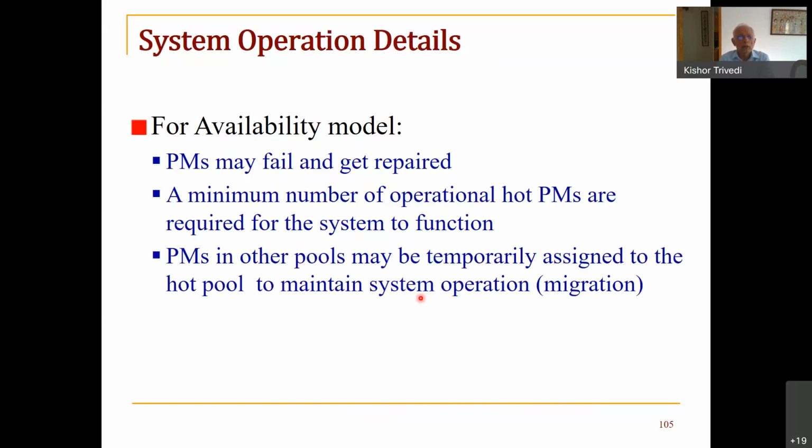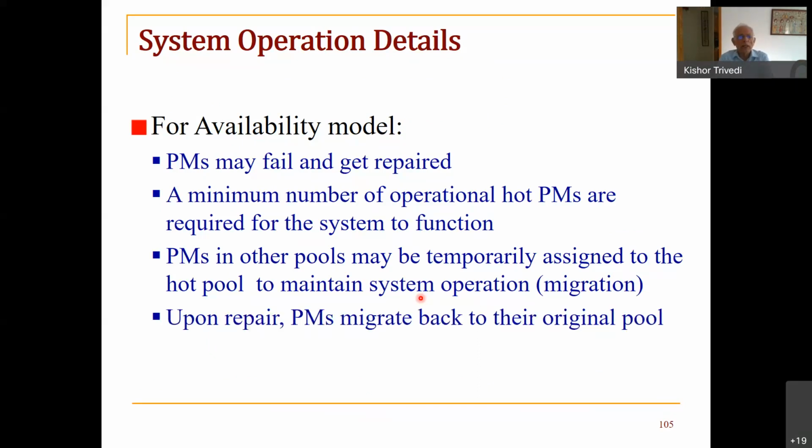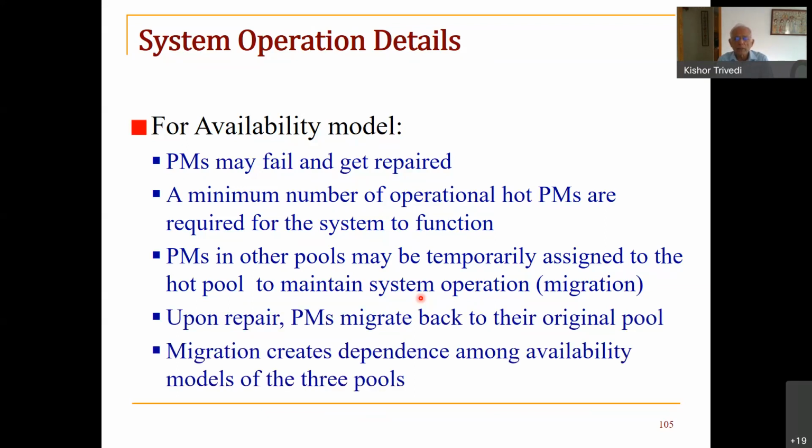So if the number of machines in the hot pool goes below the threshold, then physical machines in the warm or cold pool can migrate upwards to the hot pool. And similarly, upon repair, physical machines can migrate back to the original pool, that is the cold or warm pool. And so this introduces an interesting dependence that would not have been there otherwise.